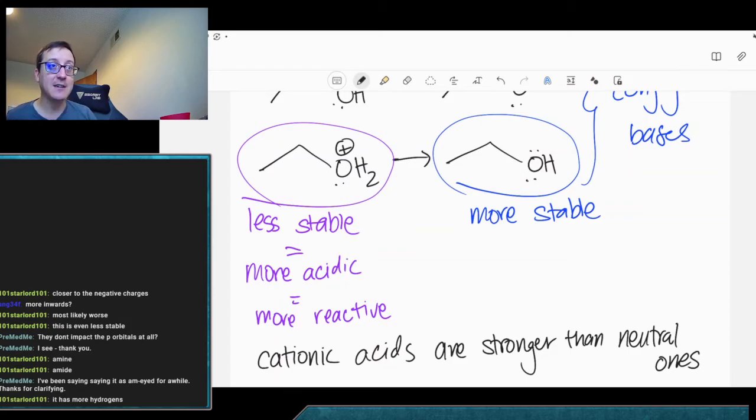Therefore, the acid is stronger if your conjugate base is more stable. That's the core lesson here. We're going to look at all of these categories of acids and see why their particular conjugate base is more or less stable, and we're going to compare them. Is this okay, the cationic acid category?